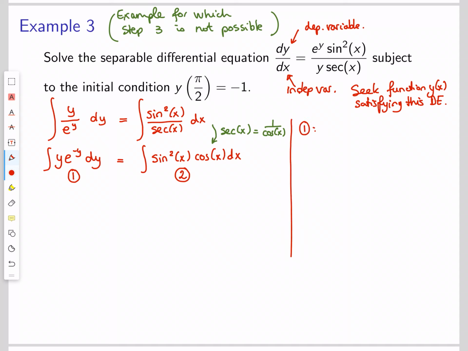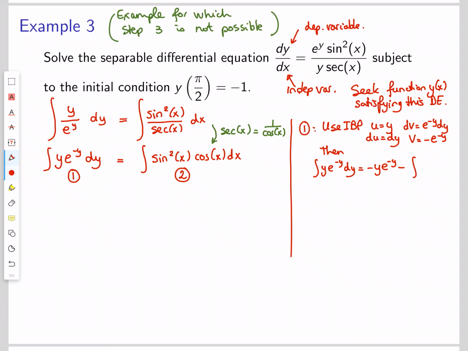For 1, I think you'll all see that we need to use integration by parts here with u equal to y, and if u is equal to y, then du is equal to dy, and dv is equal to e to the minus y dy, and that results in v being equal to minus e to the minus y.